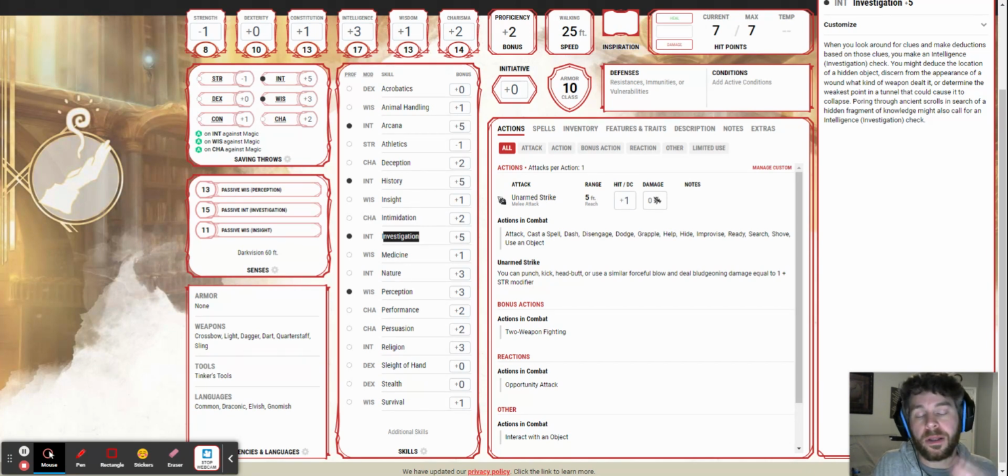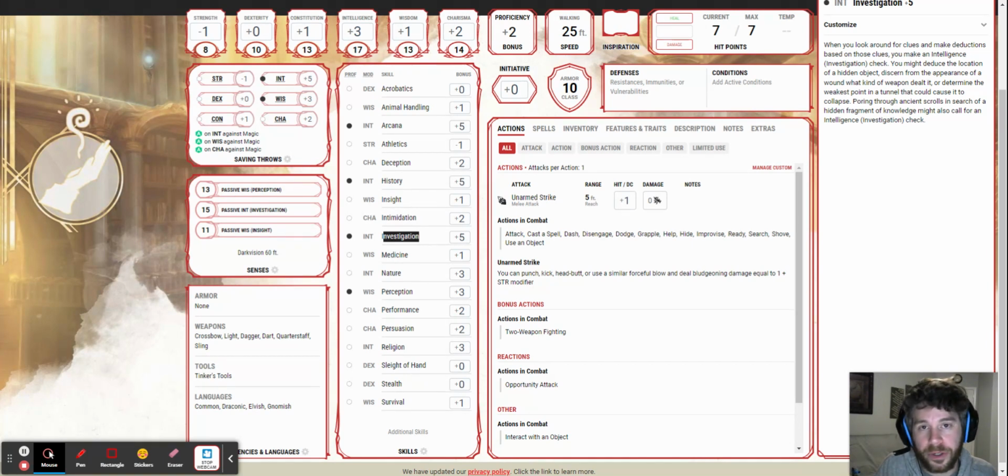We're going to be looking for maybe more lore and history and things. So investigation just makes sense. Looking for things. Maybe we find a desk and we're looking for clues, right? Or maybe we're at a murder mystery kind of thing and we're looking for clues there to help us find something. Investigation is going to be good there.